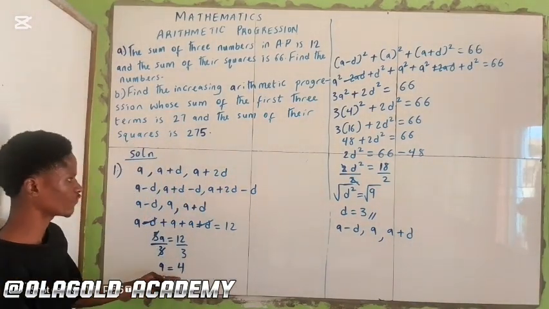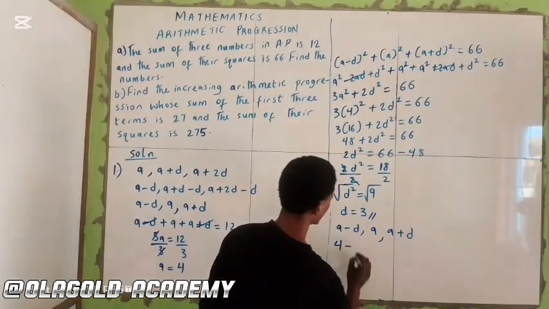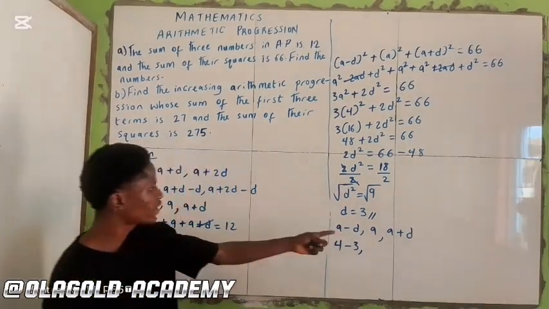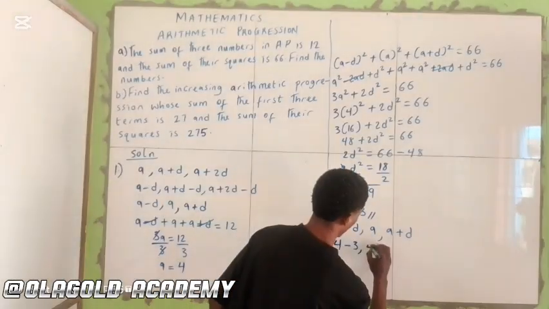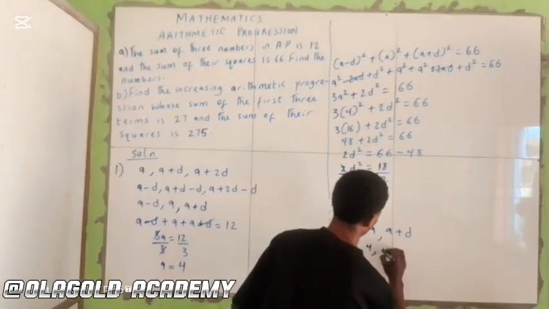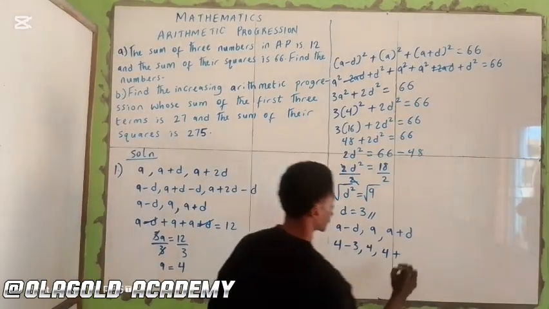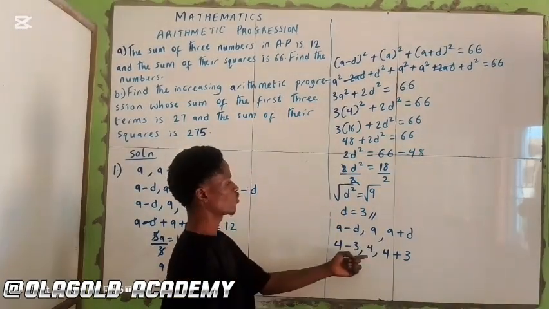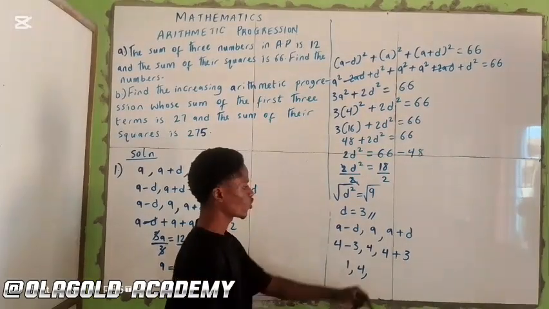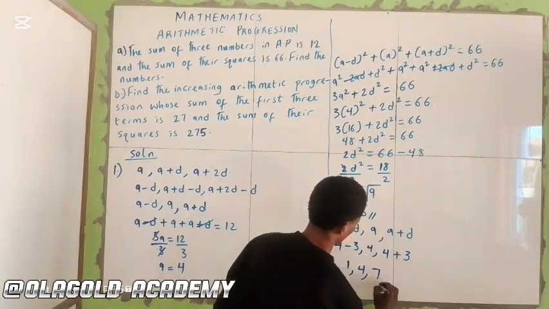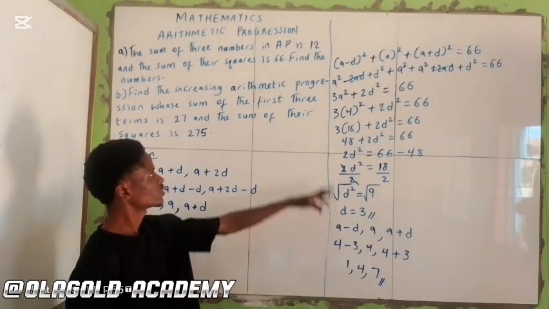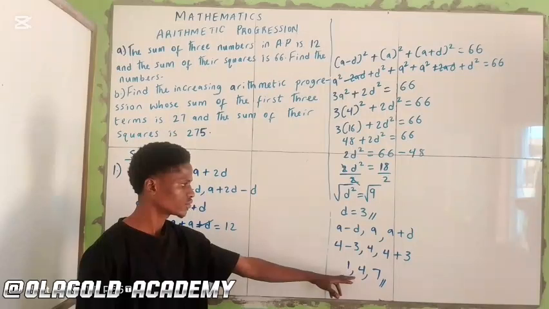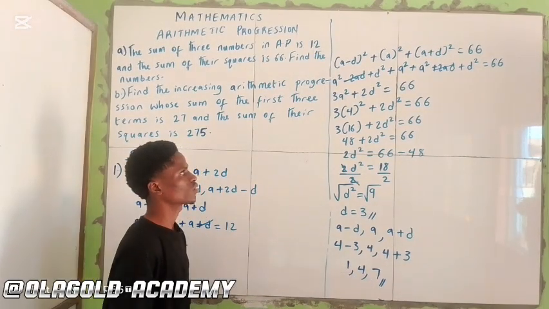Our a is 4, so we have 4 minus our d, which is 3, comma, 4, comma, 4 plus 3. 4 minus 3 is 1, comma, 4, comma, 4 plus 3 will give us 7. So the three numbers are 1, 4, and 7.